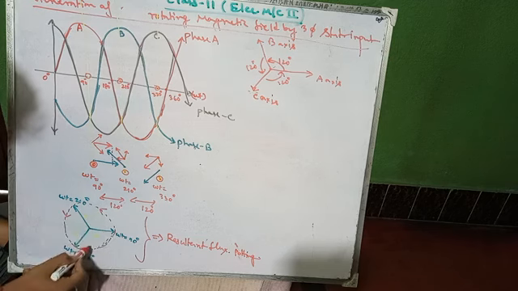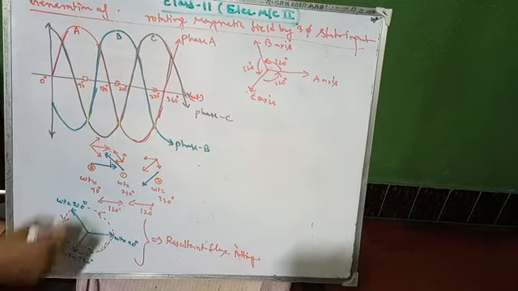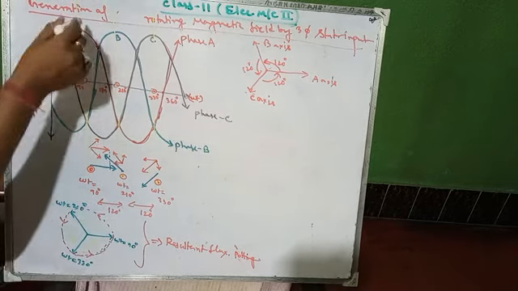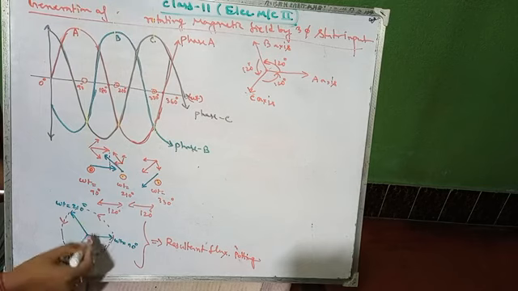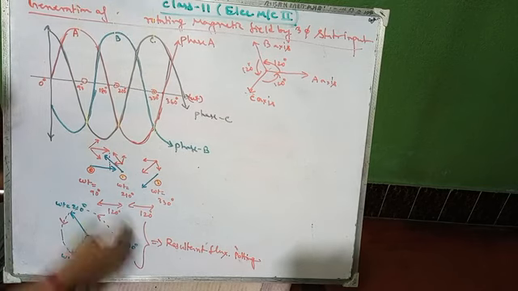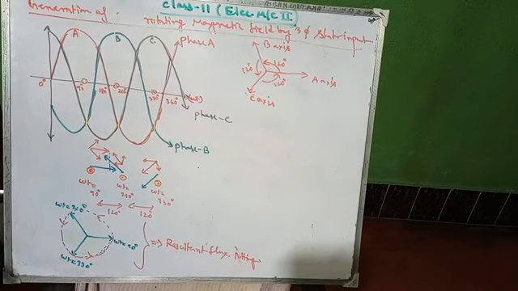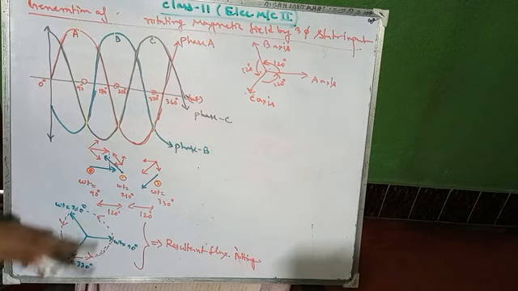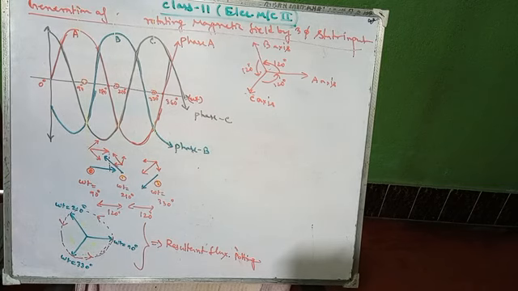Okay. So if we find any points in between these two, then you can easily check that it is rotating in this direction, that is anti-clockwise direction. Okay, flux is rotating.